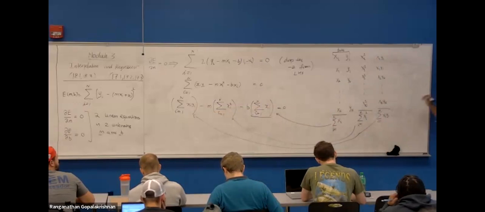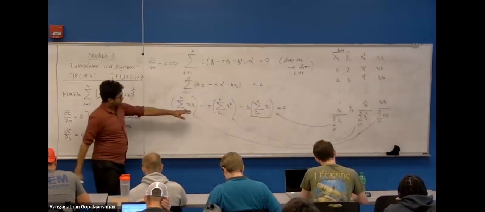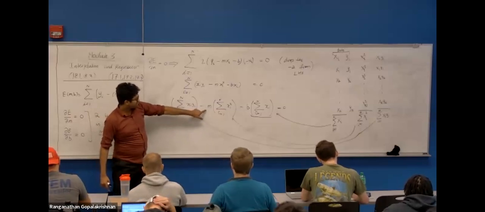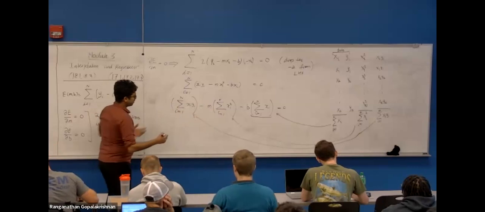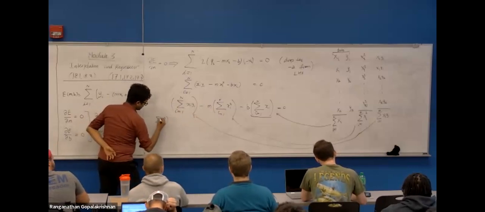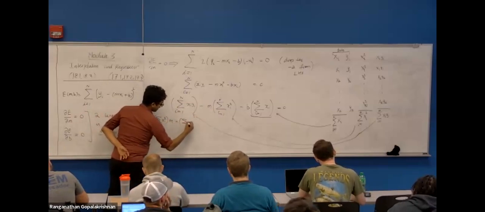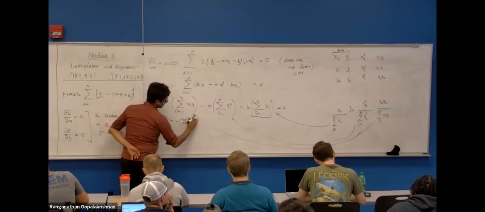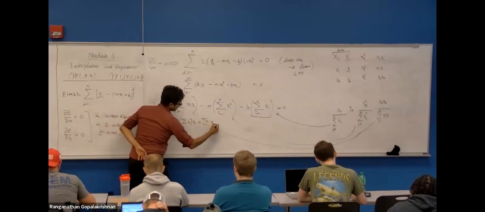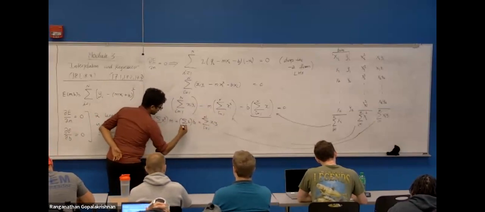So you obviously see that if I just take this to the other side to keep it positive, sigma xi squared times m plus sigma xi times b equal to sigma xi yi, and in each case i runs from 1 to n.